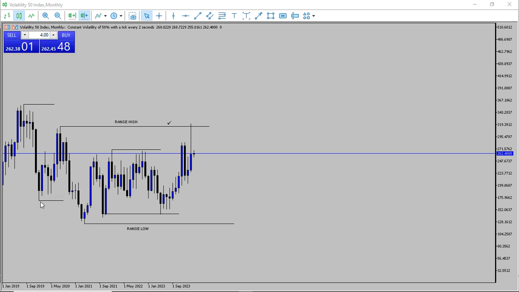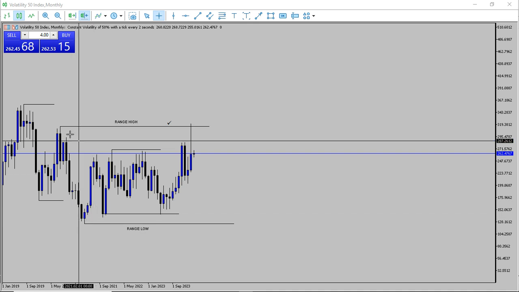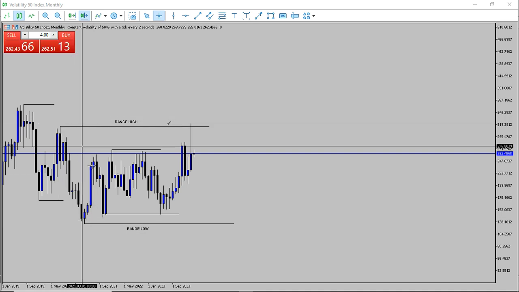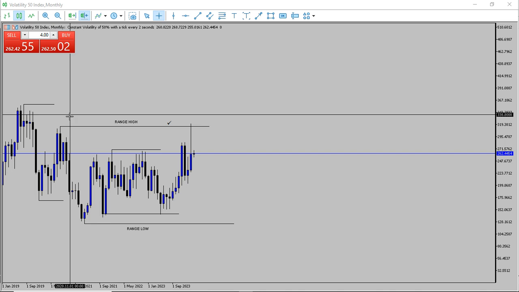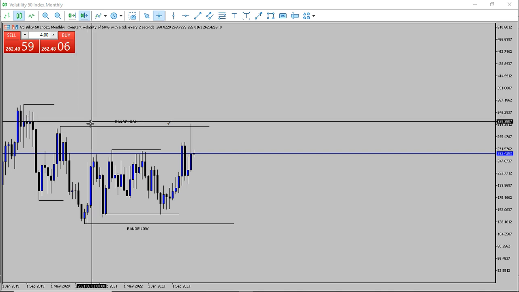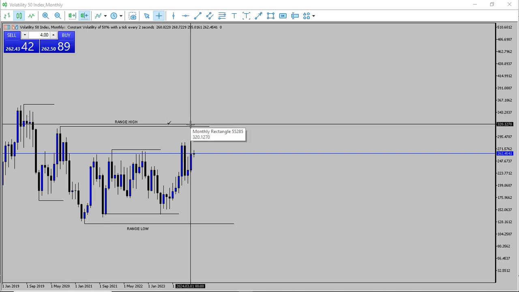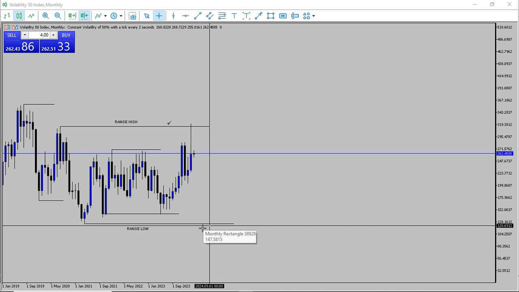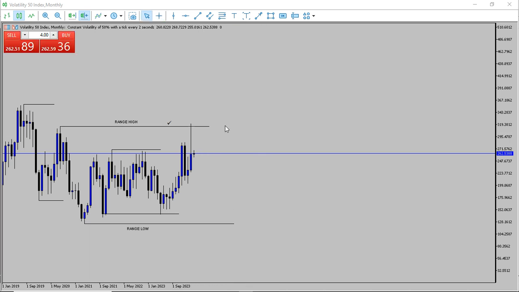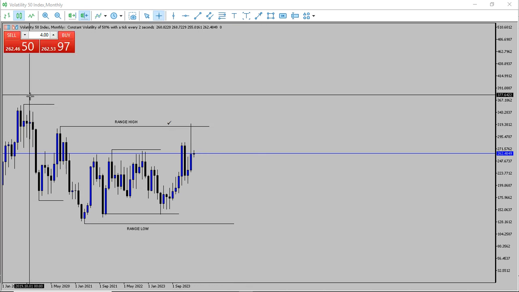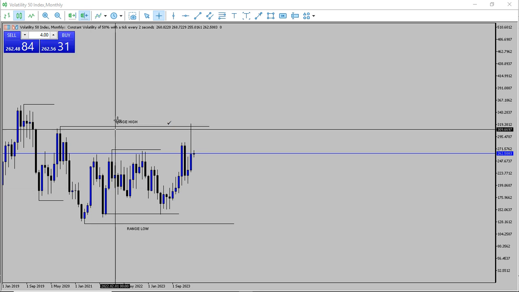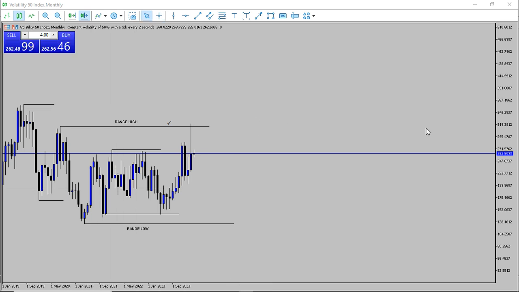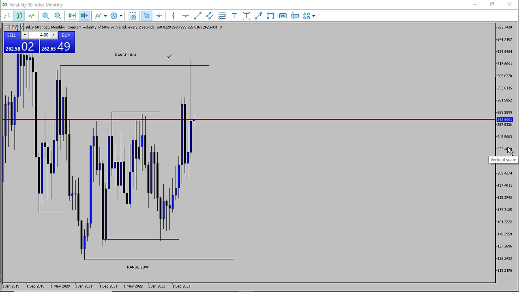So after taking the range low, then it needs to deliver the liquidity that it took below to the range high so that it could sell that liquidity it bought right here and take profit from this high. And that's what we see happen right here. So it might want to go to a range low so that it could buy at a very cheap price, then hunt highs and lows. Take liquidity, deliver to the other side of liquidity, take liquidity, deliver to the other side of liquidity. So that is the idea I had right there.